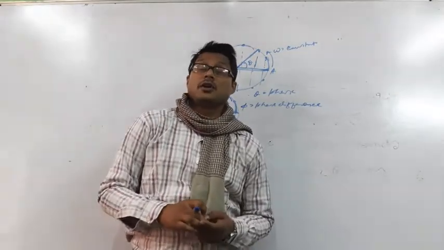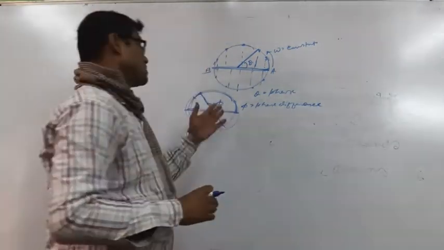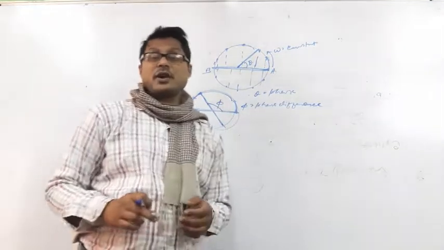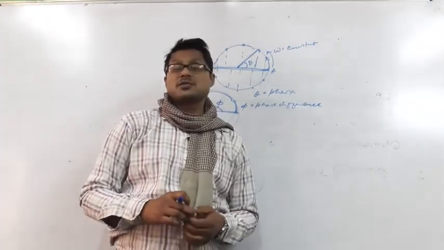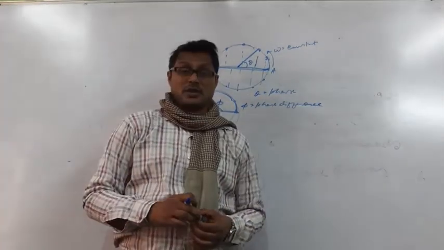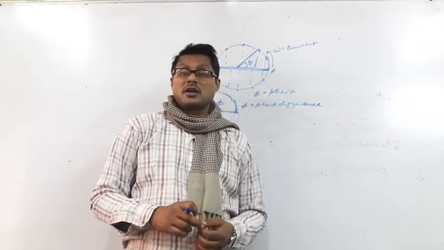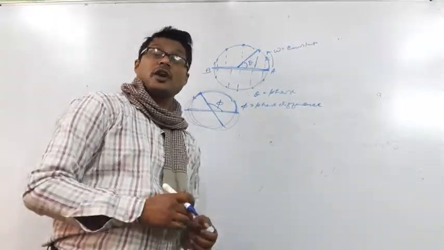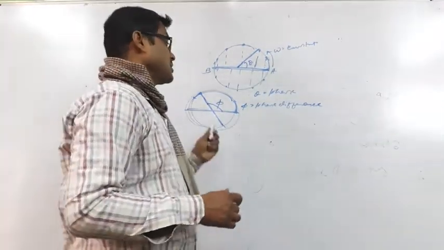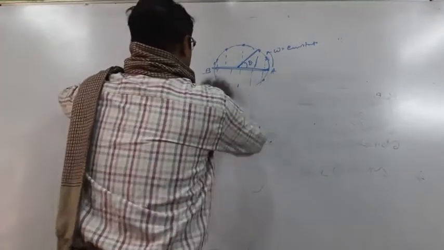If you want to make the relation between two SHMs, then we have to use the term phase difference. And phase is the function which can represent the state of motion. State of motion means displacement, velocity, potential energy, kinetic energy. All these can be derived from this phase. So these are very important terms. Now I am going to the next part.